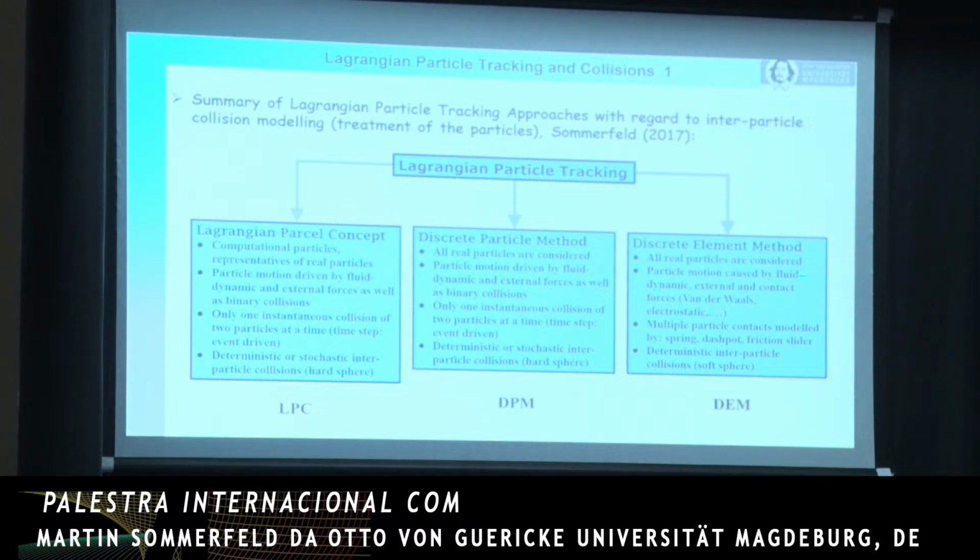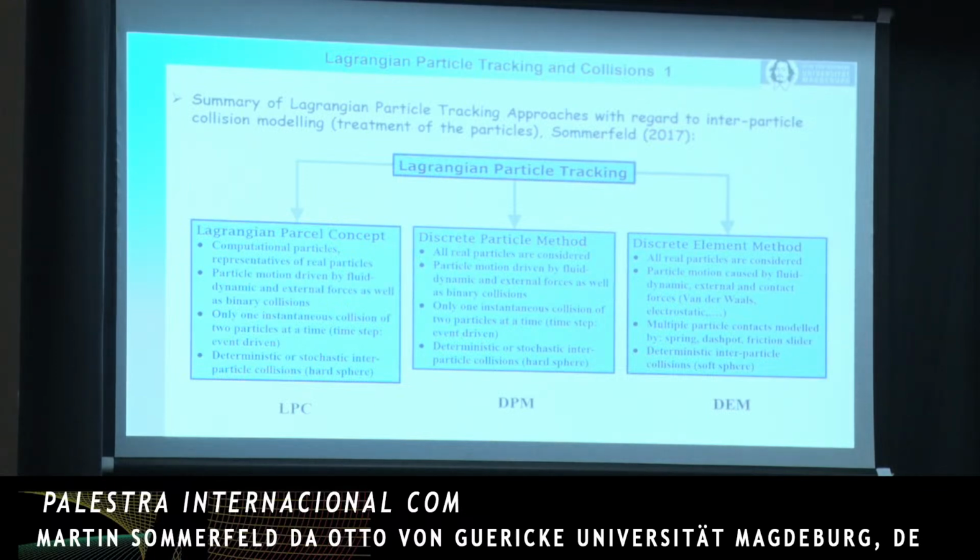So, you track all real particles. When you track the particle, you also include in the equation of motion the interaction force, the adhesion force. I will show more about that. This can be van der Waals or other forces. So you resolve multiple particle contacts.